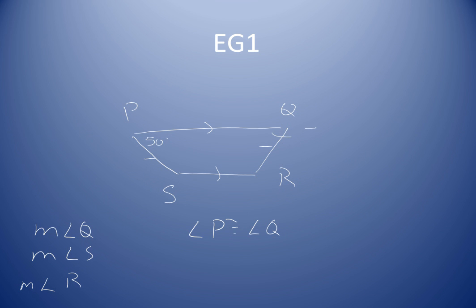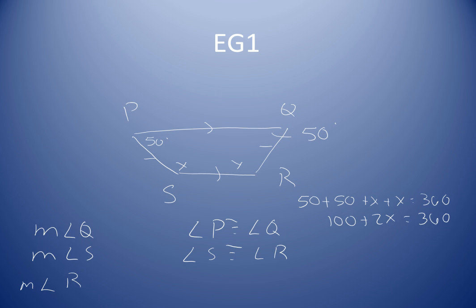So by this theorem, this angle is 50 degrees. We also know that angles S and R are congruent. We know that these four angles add up to 360. So we do our magic algebra.